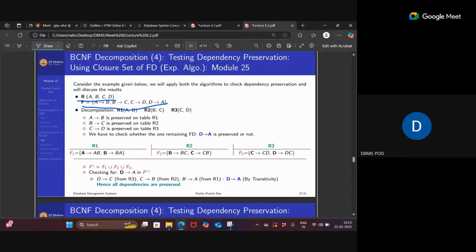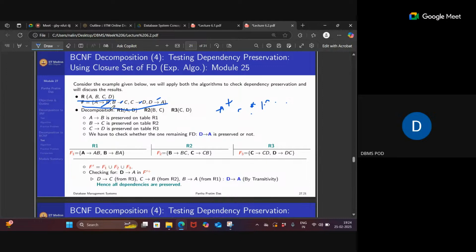Taking the closure, each and every attribute is a key, because if you take A plus, you will get A, B, C, D, everything. B closure also gives B, C, D, and A. So if we decompose, we apply the above algorithm and check the result.